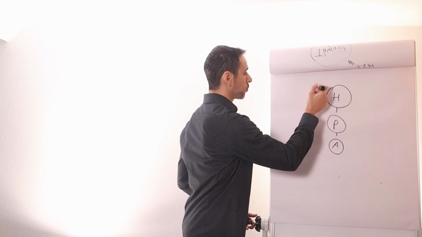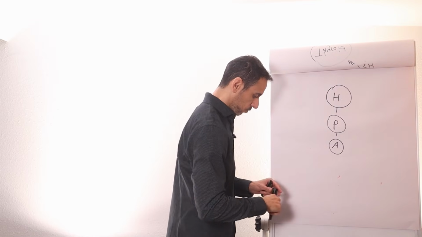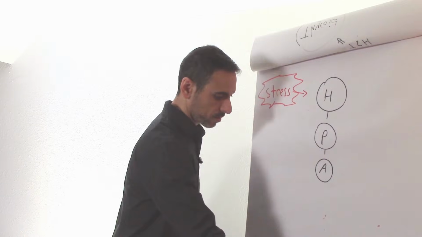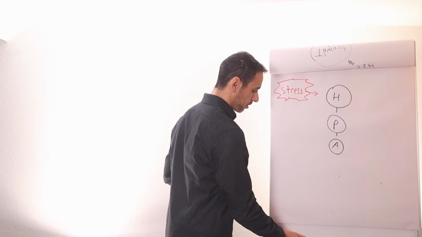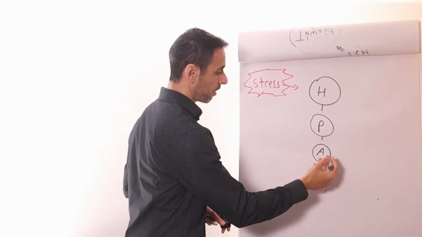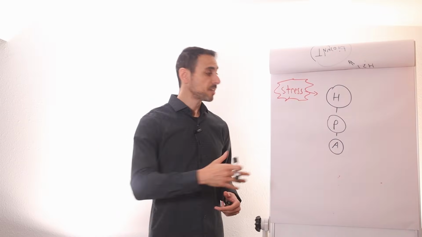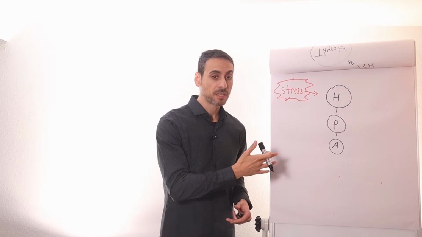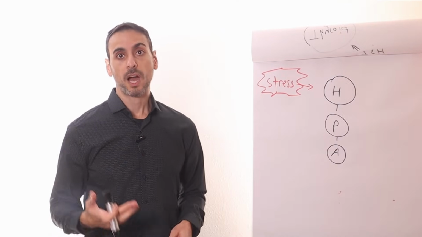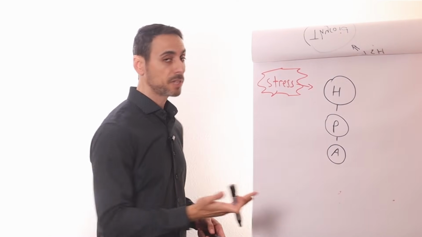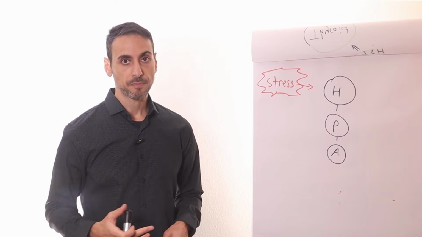The way that it works is every time we have stress, it activates our HPA axis, leading to the secretion of cortisol. The other one is adrenaline or noradrenaline. And this system, when dysregulated, can contribute to high blood pressure and other vascular damages I'm going to show you in this short video.